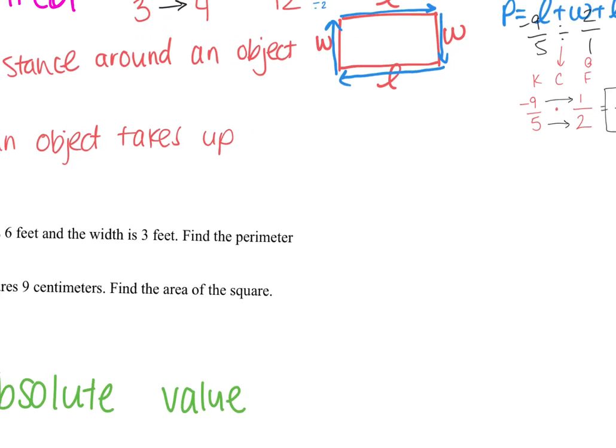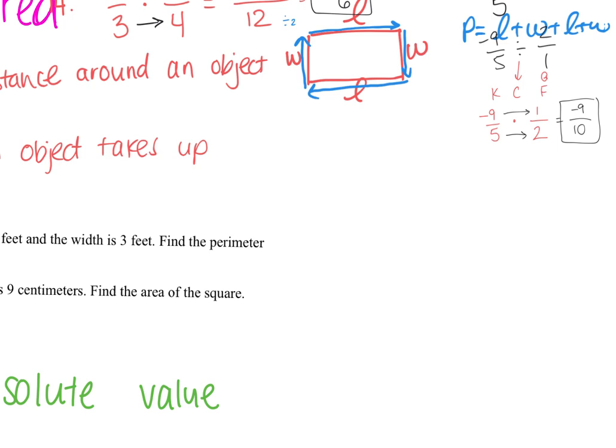So in other words, the area, we'll draw a different figure. Let's draw a triangle. Okay? The area of this triangle is how much space does this triangle take up? In other words, the highlighted portion. That is what we call the area, okay? How much space does a figure take up?